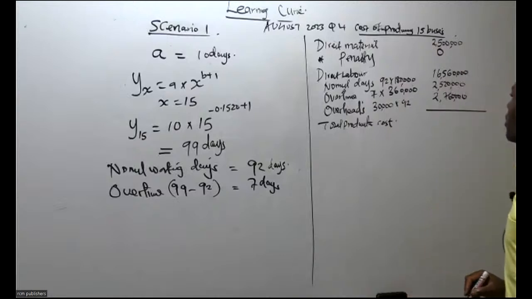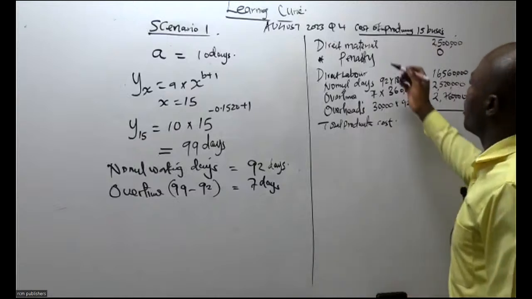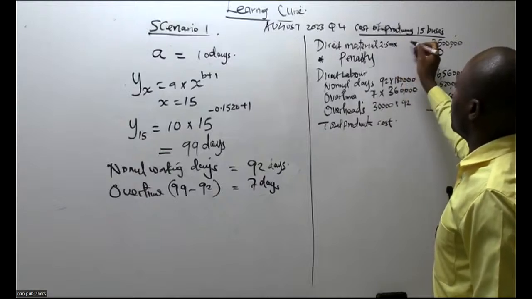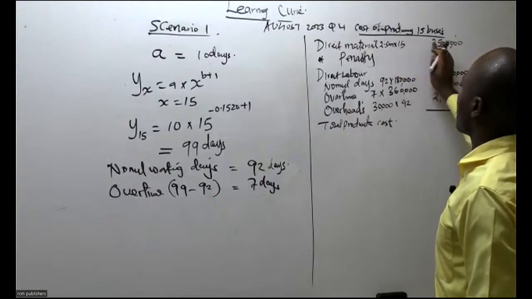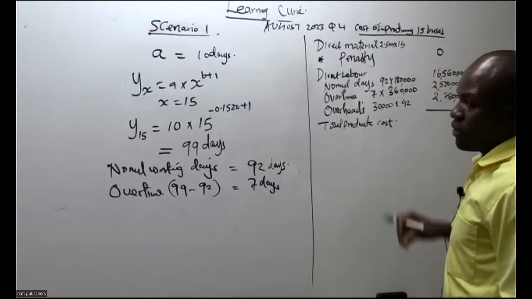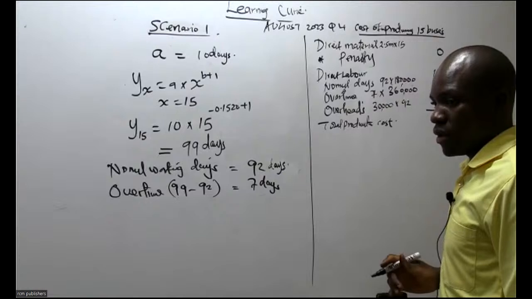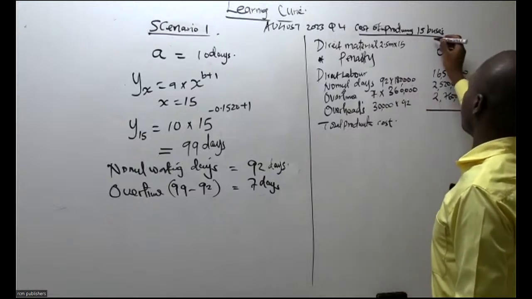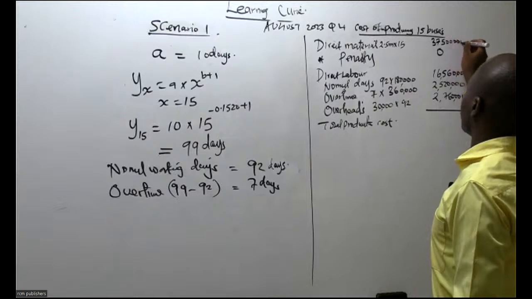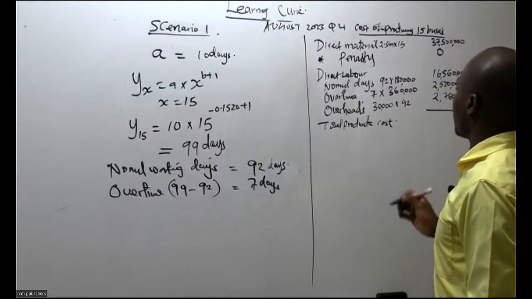Oh, well, thank you. It is 2.5 million for each bus and there are 15 buses. So what will we have here? 37,500,000. So you have to be keen on that.